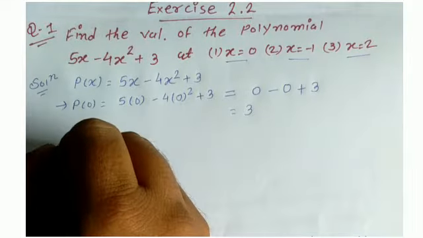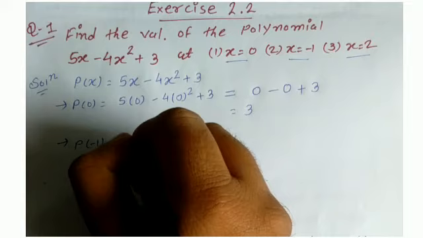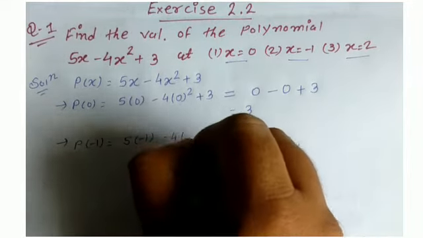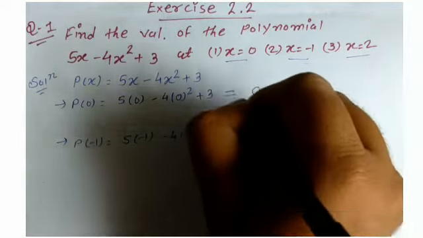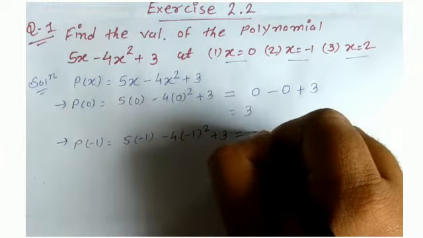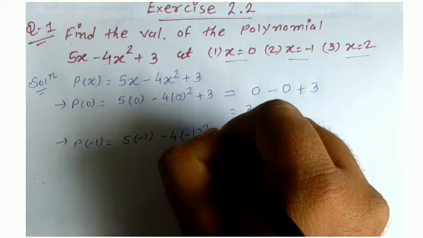Now p of minus 1 is equal to 5 into minus 1 minus 4 into minus 1 square plus 3. So 5 into minus 1 is equal to minus 5, minus 4 into minus 1 square.